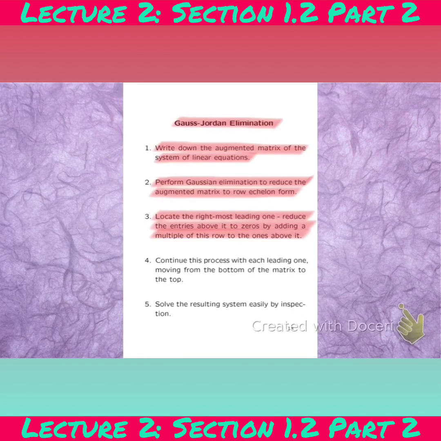The difference now is you don't only create zeros beneath it, you create zeros above it as well. And then you basically continue this process with each leading one, moving from the bottom of the matrix to the top. So essentially you're just further reducing it, and then at the end you solve the resulting system easily by inspection. So you don't use back substitution in this case, you just directly read off the solved values.